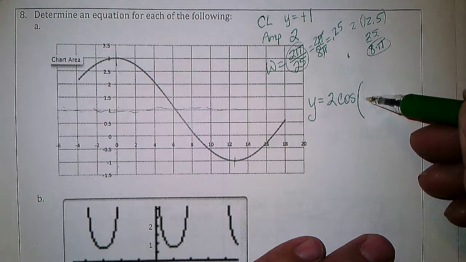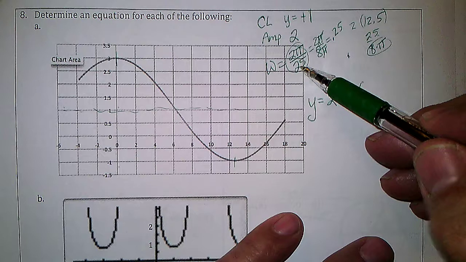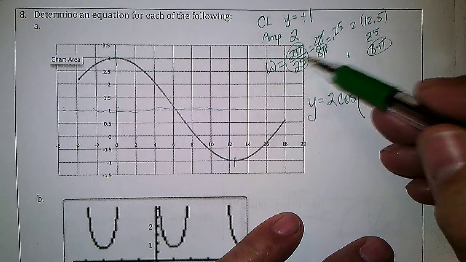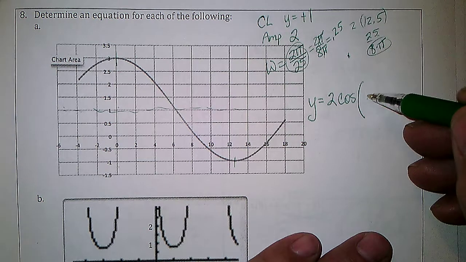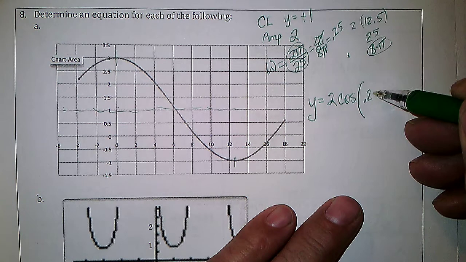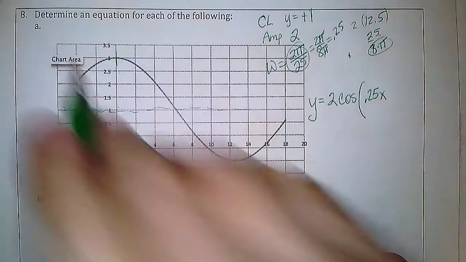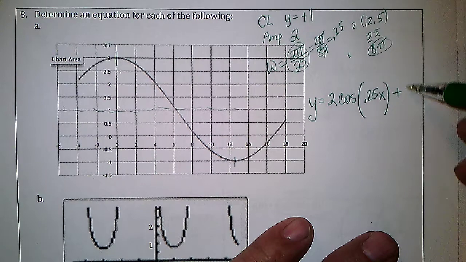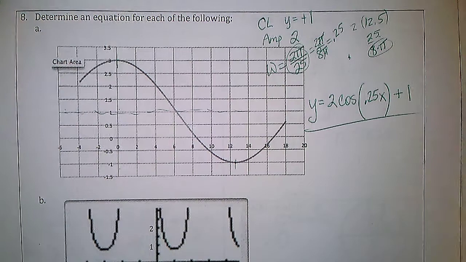The number we take times the x is the normal period divided by the actual period, which is 0.25, 1/4, or if you want, 2 pi over 25 or pi over 12 and a half. Now I accepted pi over 12, but it should be 0.25 or 1/4. X, it's not shifted sideways at all, and the center line is 1 up. 6 points.